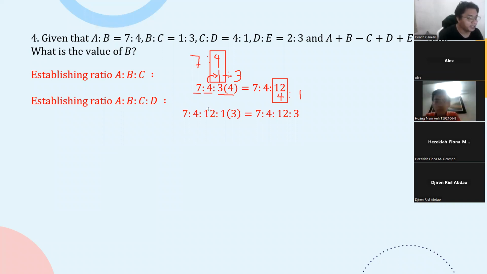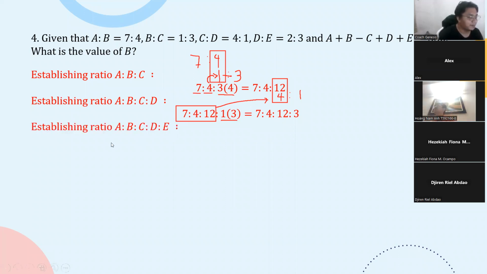That means A is to B is to C will not change in value, 7 is to 4 is to 12. However, for C is to D, we have 12 divided by 4, and then you multiply by 1. So 12 divided by 4, that will be 3, multiplied by 1, that will be 1 times 3, which will then give you 7 is to 4 is to 12 is to 3.